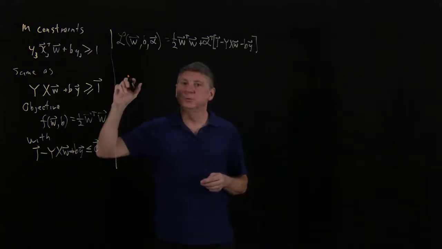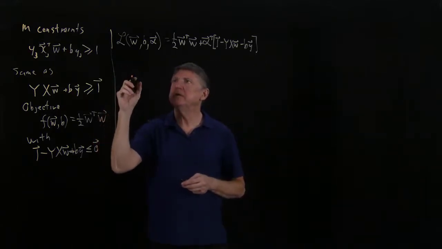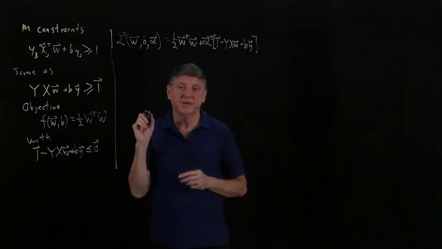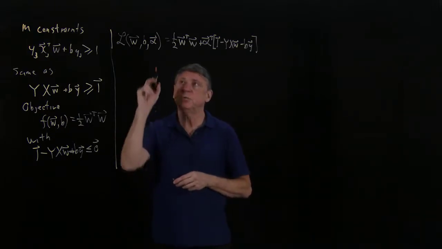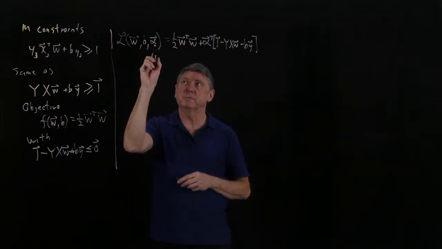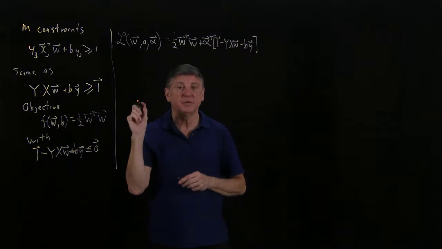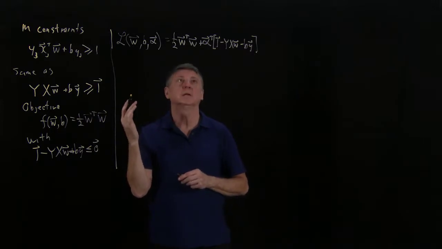So to find the dual, we need to differentiate. Now, when we do the differentiation to find the dual, we don't have to differentiate with respect to alpha, because what we want to do is eliminate w and b from this expression.